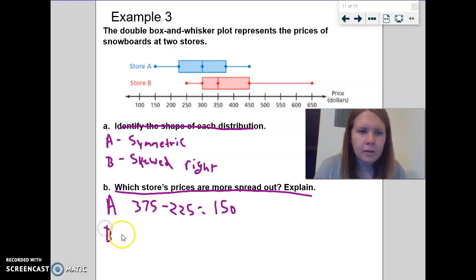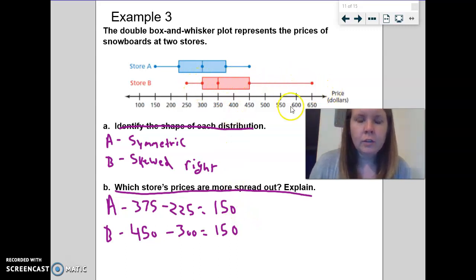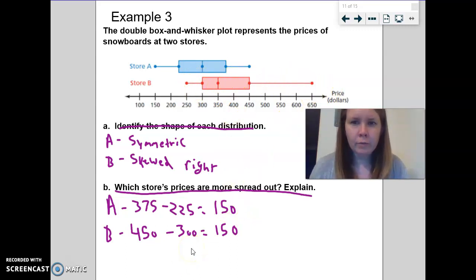Let's see about B. So I'm going to 450, because remember we take quartile 3, so it's the end of this side to this side. Oh, so they actually end up having the same interquartile range. So that's one way you can decide, but another way is taking a look at this data, okay? So you can also just use the regular range, which goes from the largest number to the smallest number.